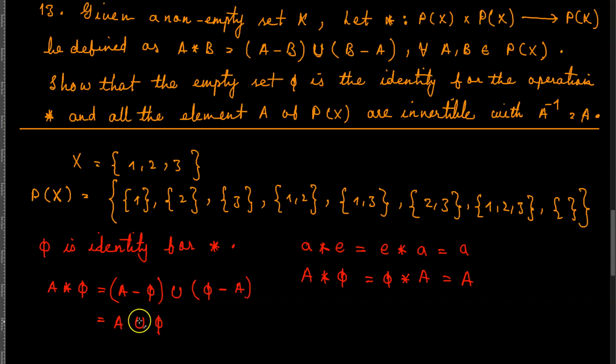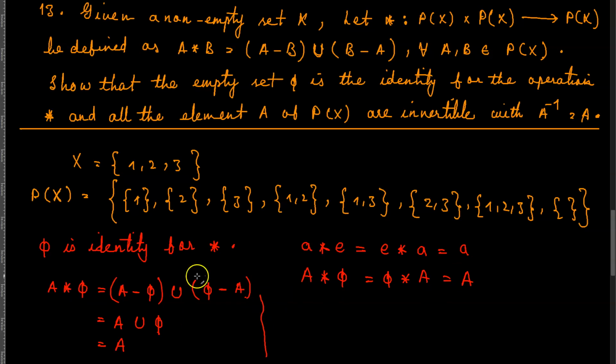So you have A union with the null set. A union with the null set is always equal to A, because the null set has no elements, so you get the same set. Now this is A star phi, which is equal to A, so here we have no problems.